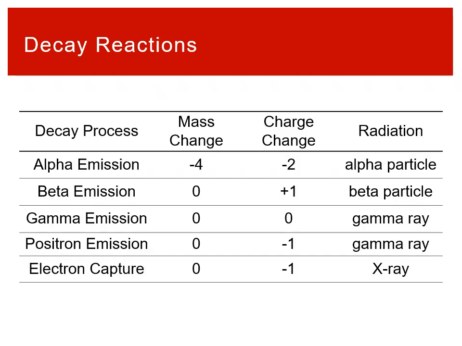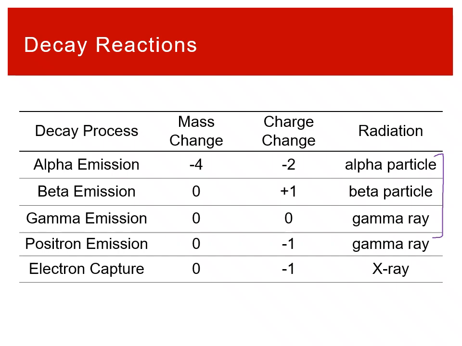And that is it for our different types of decay processes. There are 5 different types of decay processes: alpha, beta, and gamma emission. Those were the initial ones that were figured out because those were the unique types of particles that could be potentially emitted from the nucleus. Gamma is not really a particle. You just call it gamma ray because it is a photon. It is pure energy.